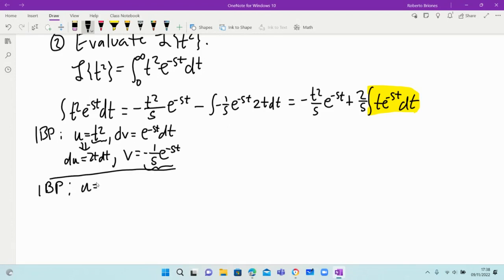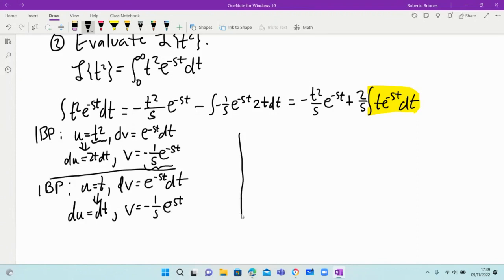And similarly, what we do is we let u be equal to t, dv, the differential, be the same thing, e to the negative st dt. And this should imply du is equal to dt, and v should still be the same quantity, negative 1 over s times e to the negative st. So let's put a demarcation here.